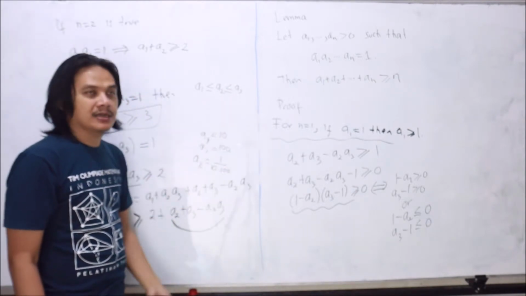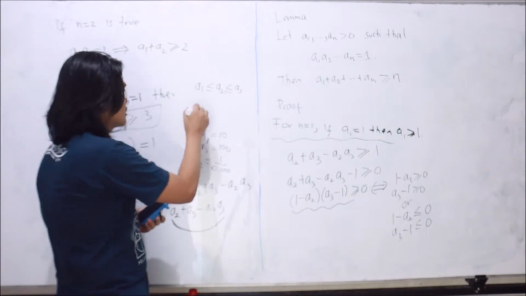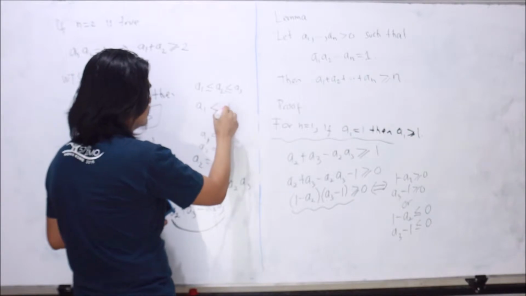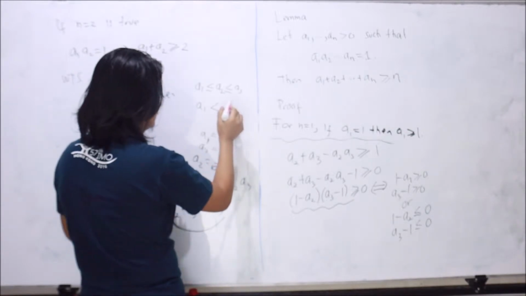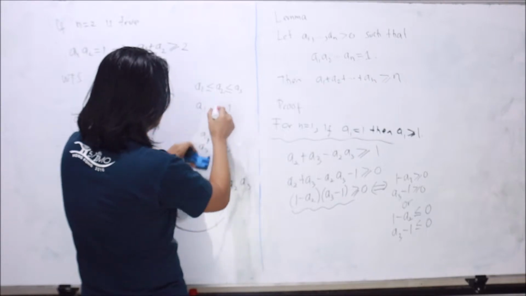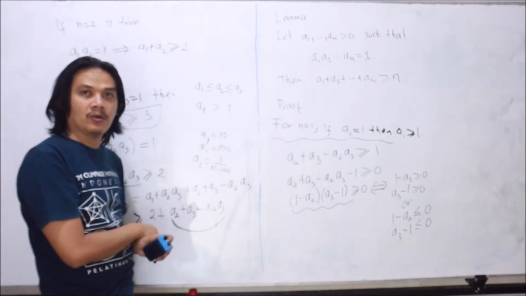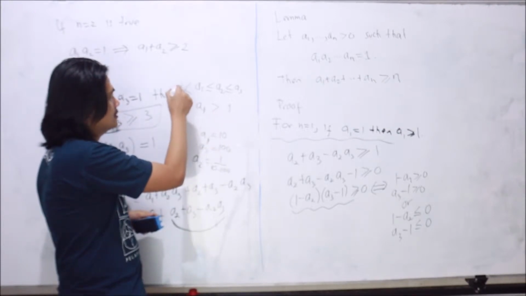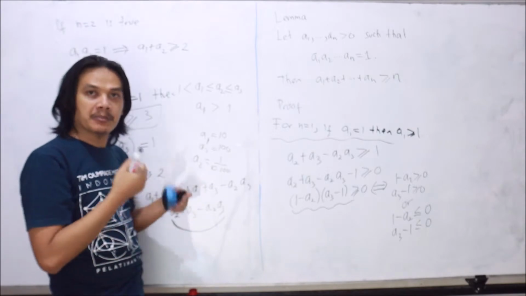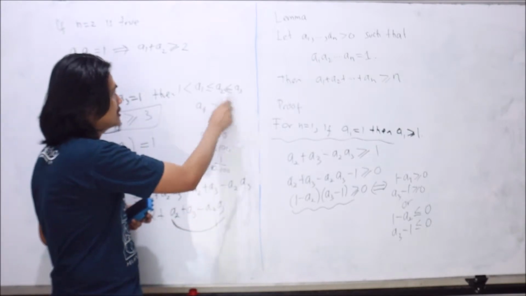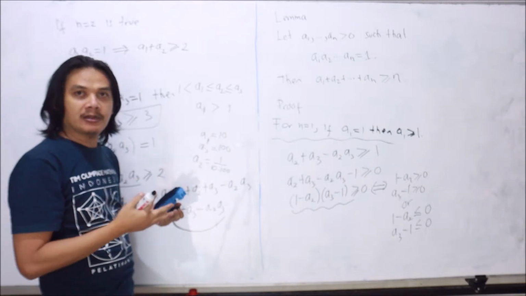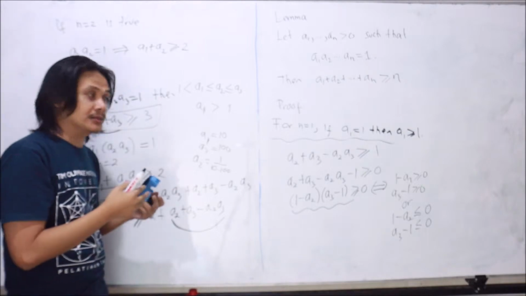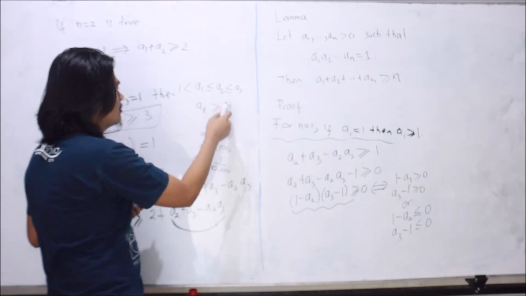Since the product of the three is equal to 1, the smallest cannot be strictly bigger than 1, right? Why is that? If the smallest is strictly bigger than 1, then all of them are strictly bigger than 1, hence their product is also strictly bigger than 1. Meanwhile, we have the condition that the product of the three is equal to 1. So this cannot be happening.